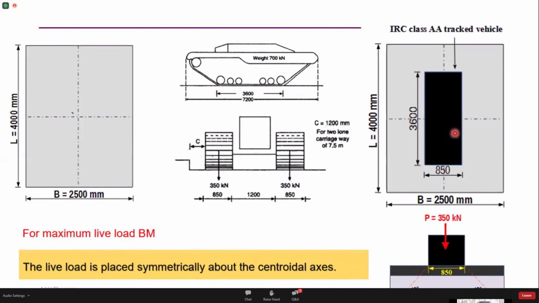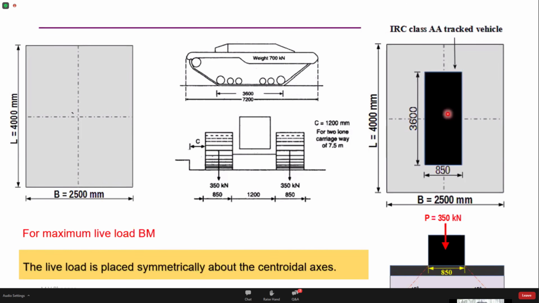Second, and most important, I am satisfying the requirement of Pigeaud's method. Pigeaud's method requires that the load be placed symmetrically about the centroidal axis, or centrally on the slab.